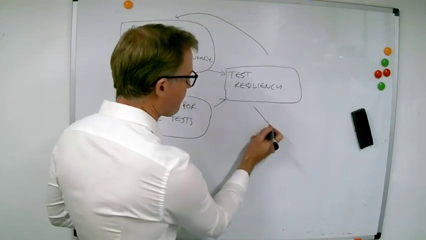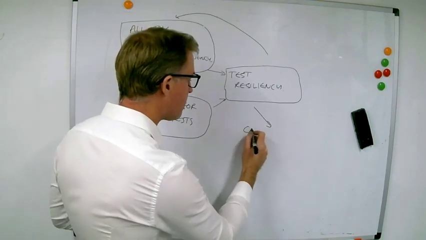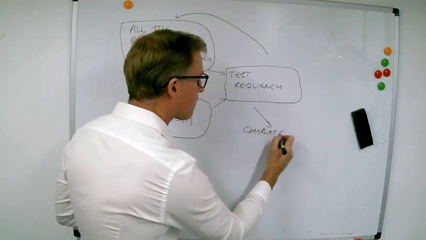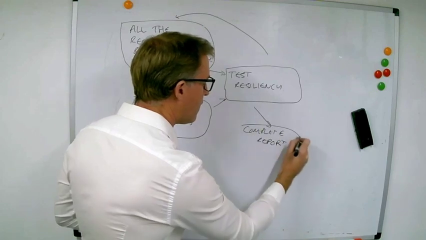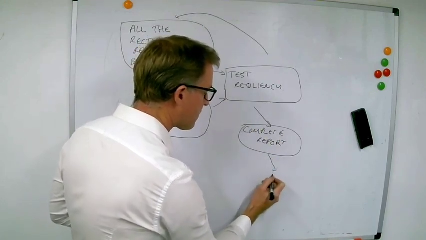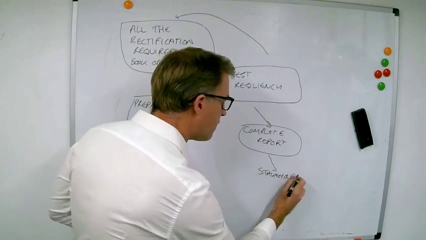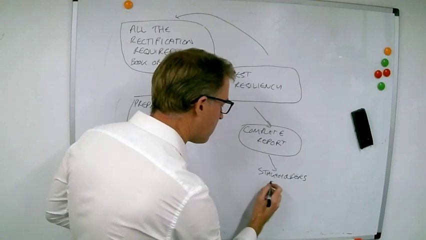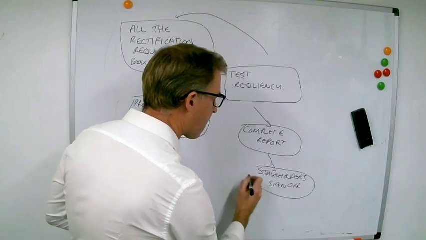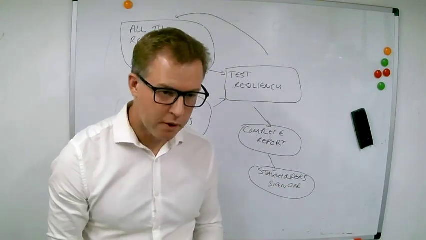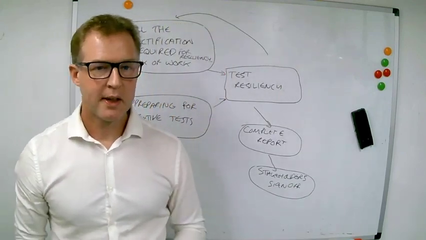You've then got a stage where you want to complete the report. So you complete the report, and then you want to get stakeholders to sign off. And I did miss it often in the overview of the deliverables.